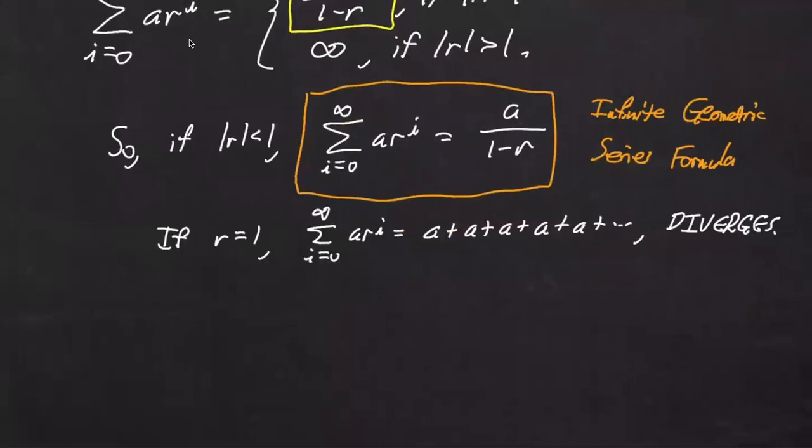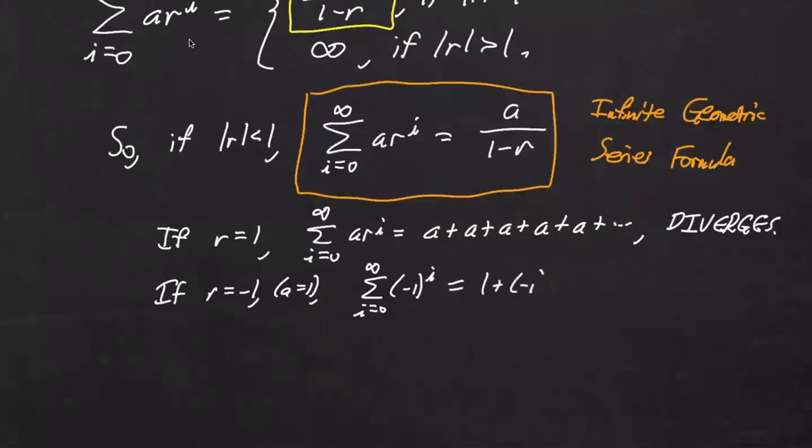If r equals -1, that's kind of an interesting case that's worth thinking about a little bit. Let's just pretend a is 1 so we don't have to think about it. So you get the sum of -1 to the i. So you actually get 1 plus -1 plus 1 plus -1 plus 1, because you take powers of -1, right? And it just bounces back and forth between 1 and -1. And here's the thing that's kind of interesting.